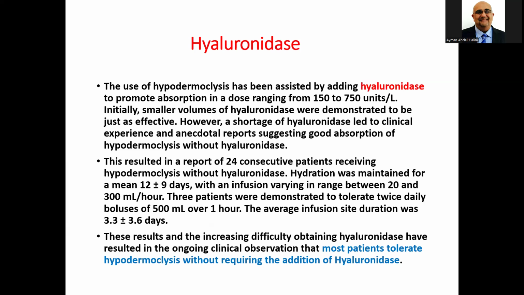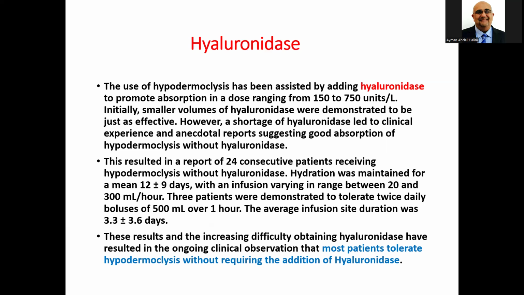In old days, we used to use an enzyme called hyaluronidase. It accelerates the speed of the flow by breaking down the connective tissue in the subcutaneous area. They actually found that you can still do the hypodermoclysis without hyaluronidase, since at a certain point it was pretty expensive to buy this enzyme.